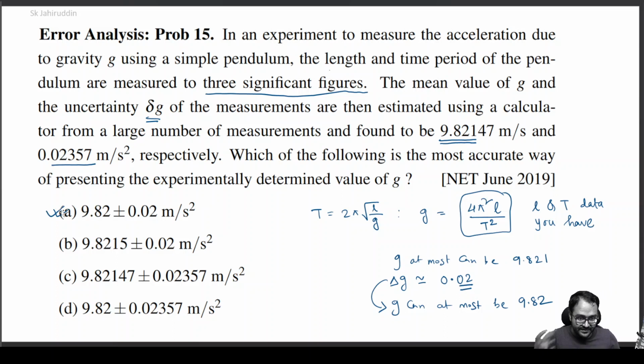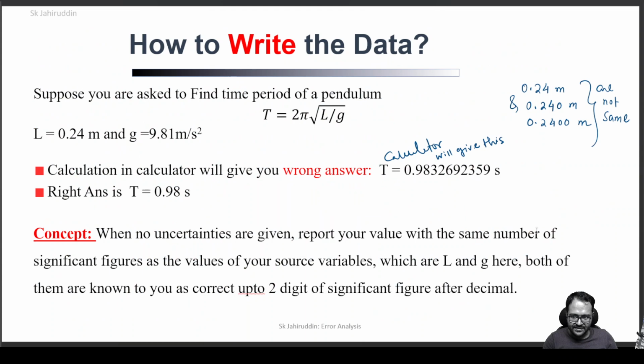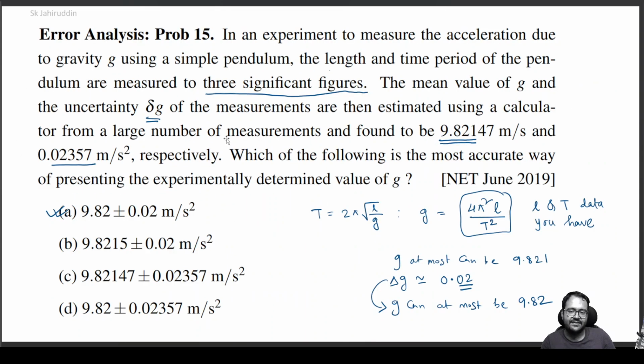So I think you got this. That directly comes from this concept first, then the errors, how to write the errors, how to write delta G. All the concepts will just go. But first of all, we cannot report this because your L and T are up to 3 significant digits. So I restrict this up to this.